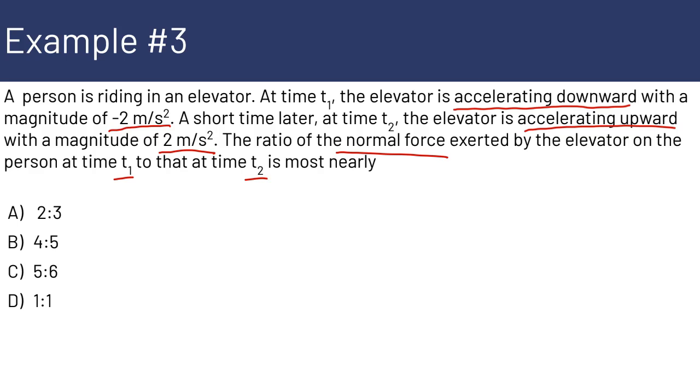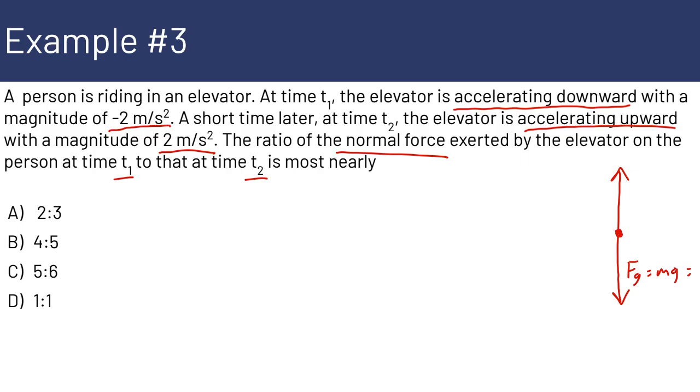All right, so again, we're going to draw a free body diagram. So we have Fg is equal to mg, which is equal to our mass, which we don't know, doesn't matter.